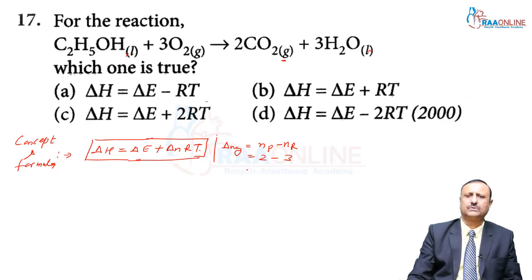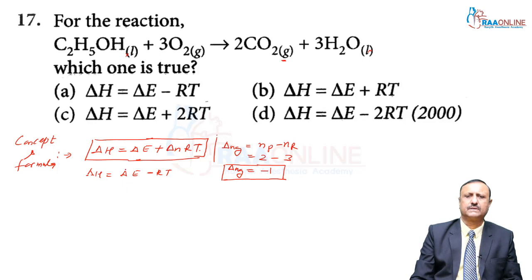So you can get minus 1 for delta Ng. So delta H is equal to delta E minus 1, so minus RT.